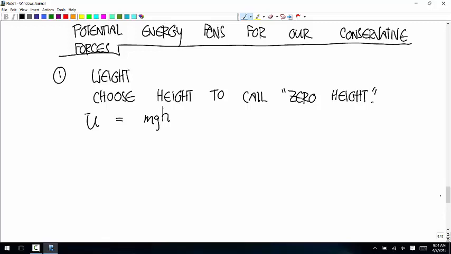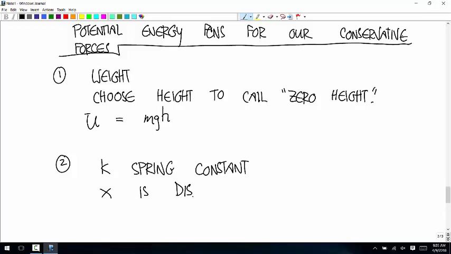And then for a spring force, let K be the spring constant, and X is the distance from the spring's resting length.